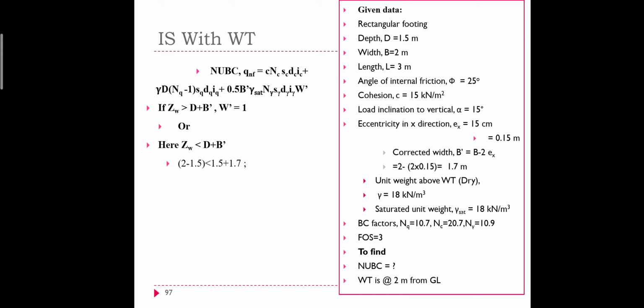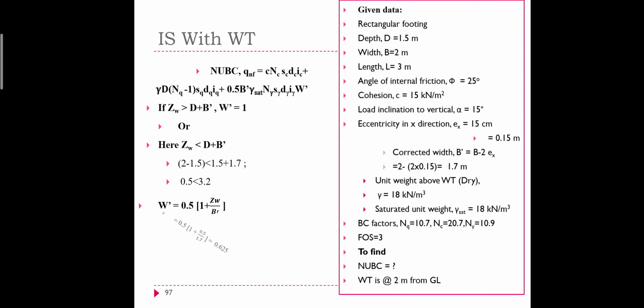Also, like Terzaghi's equation, the gamma in the second term is the gamma above the base of the footing and the gamma in the third term is below the base of the footing. And here we don't have to find the average and all, you can just put the value. So Zw you'll get 0.5, it's less than 3.2.